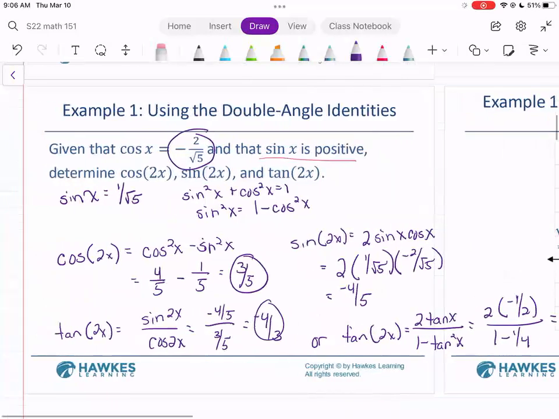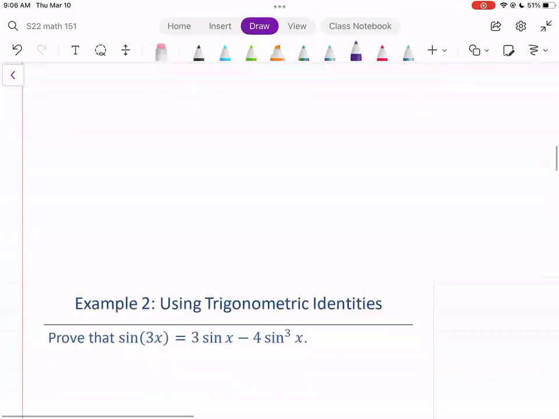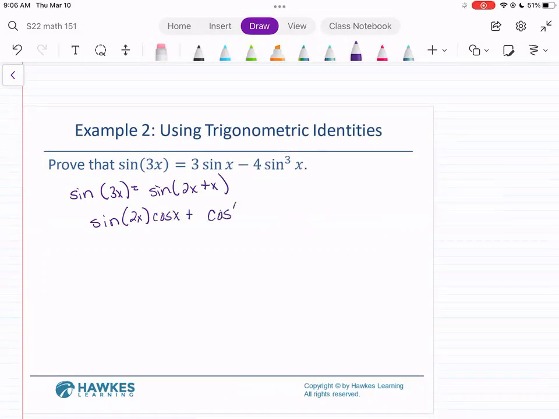We can also use this double angle identity idea to prove other identities. So for example, here, the sine of 3x. Notice that the sine of 3x can be rewritten as the sine of 2x plus x. Then using our properties and identities from the previous sections, we know that this becomes the sine of 2x times the cosine of x plus the cosine of 2x times the sine of x.